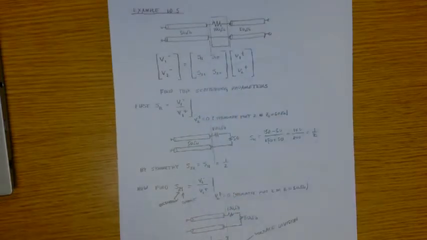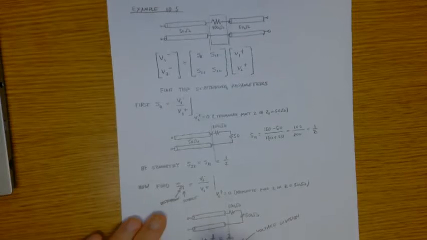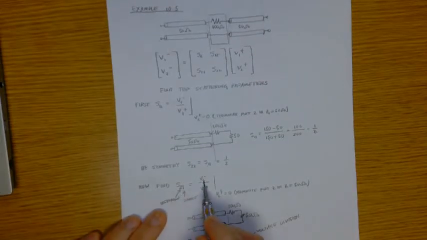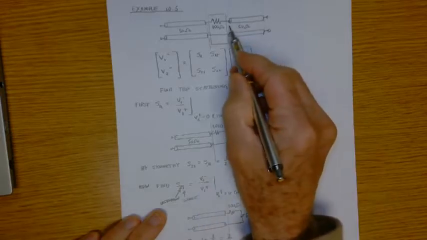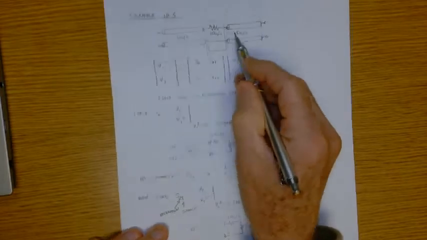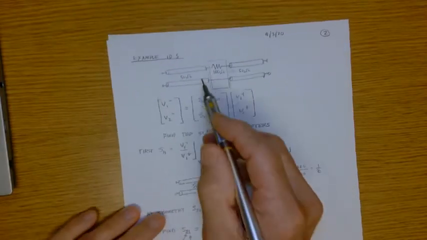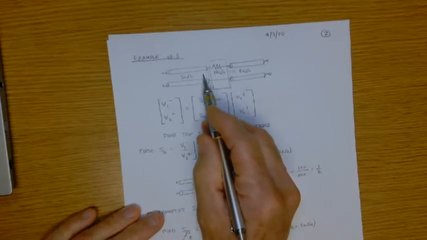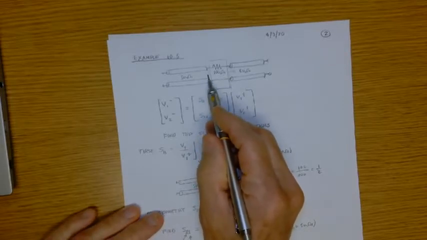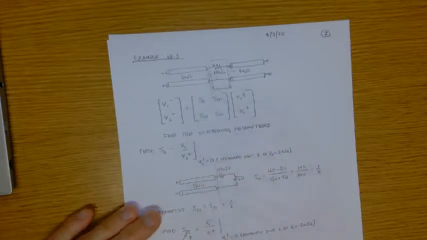Okay, so what is S21? Well, according to the definition, it's V2 minus, the voltage wave headed in this direction, divided by the forward voltage applied here, with V2 plus 0.